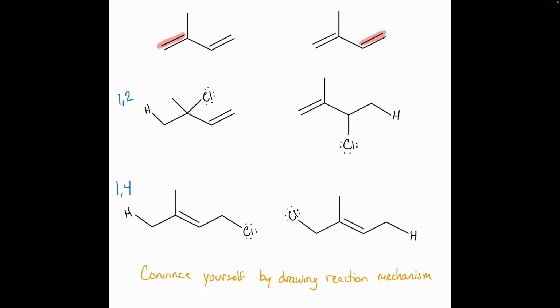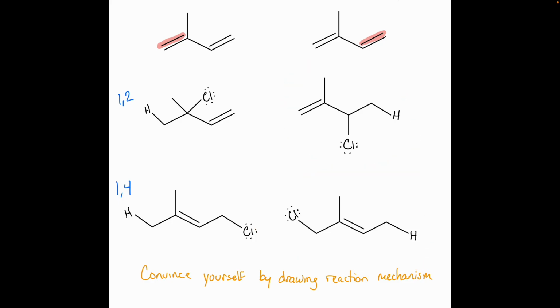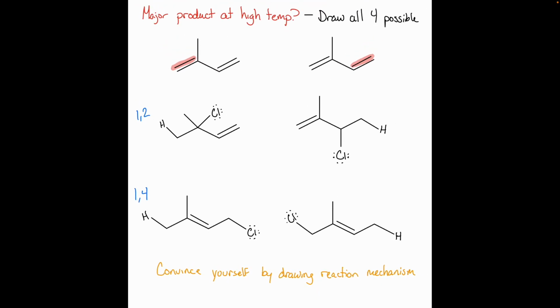If you did your reaction mechanism starting with this double bond as your nucleophile, you would see how I got my 1,2 product, and then through resonance how I got my 1,4 product. And likewise, if you did your mechanism with this double bond starting as the nucleophile, you would see how I got my two products here. But the question is, which one of these is the major product at high temperatures? And what is it that we're looking for?